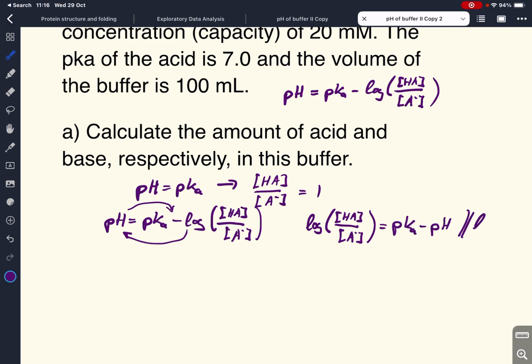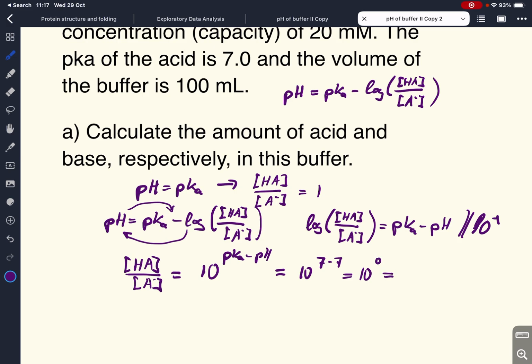We take both sides 10 to the power of, and then on the left-hand side, we've got the acid concentration over the base concentration equals 10 to the power of pKa minus pH. And if we just simply plug in the numbers, we've got 10 to the power of 7 minus 7, and that of course is 0. So we've got 10 to the power of 0, and that would be 1.